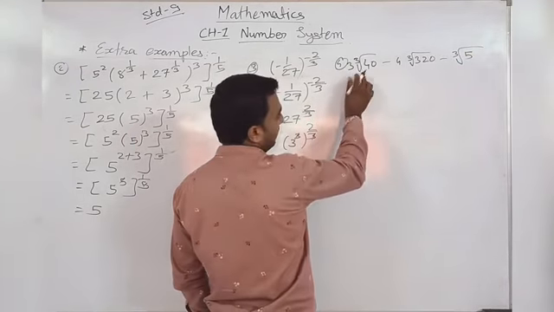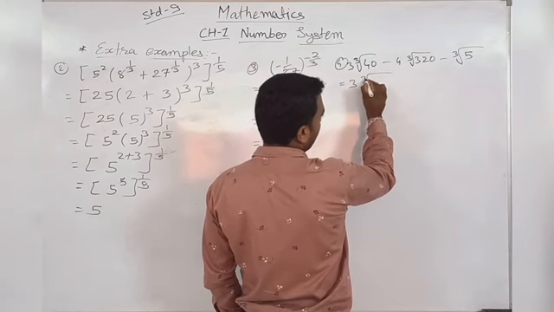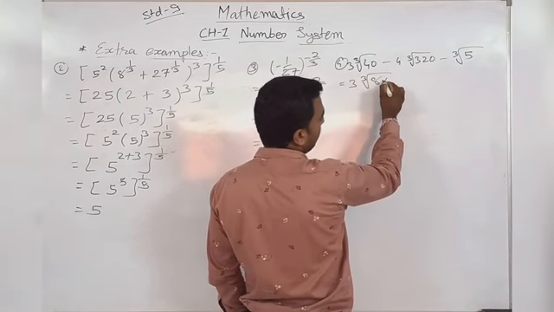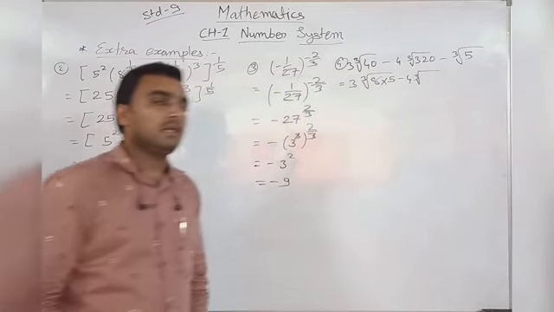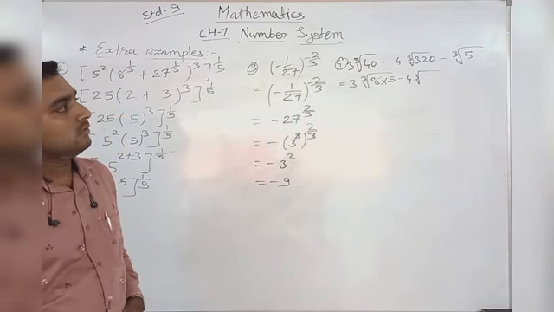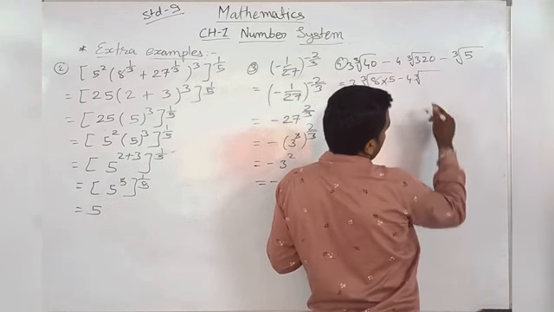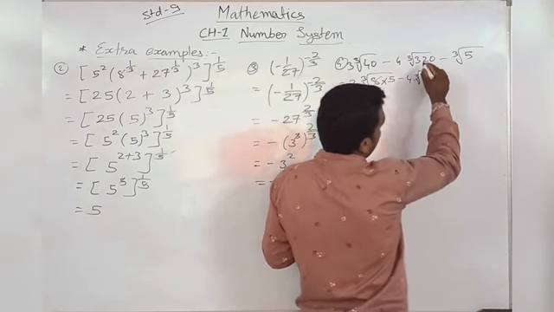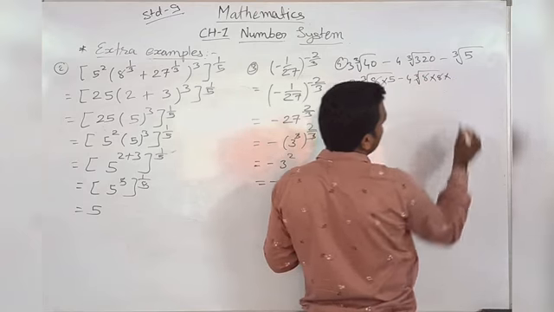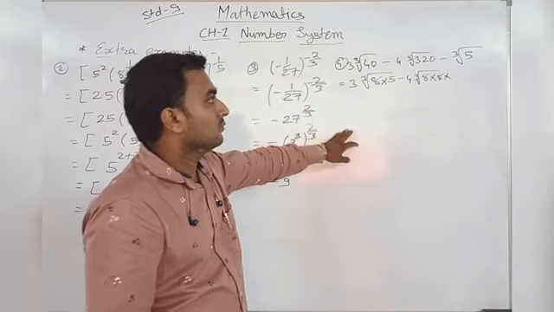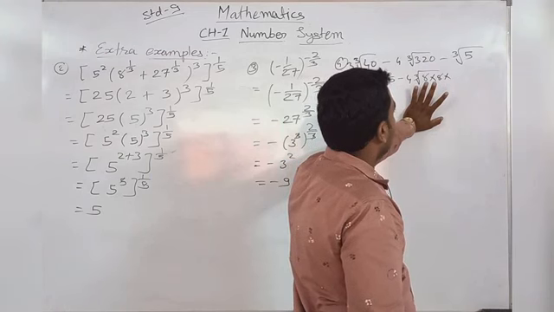Now see, first we simplify this one. We can write 40 as 8 times 5, because we know that the cube root of 8 is obviously 2. Again, 320 is a multiplication of 64 times 5: 8 times 8 is 64, and here it is 5.